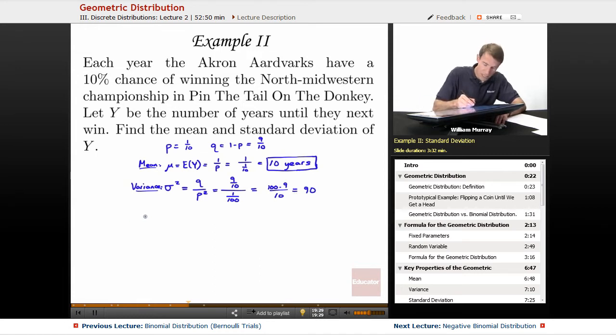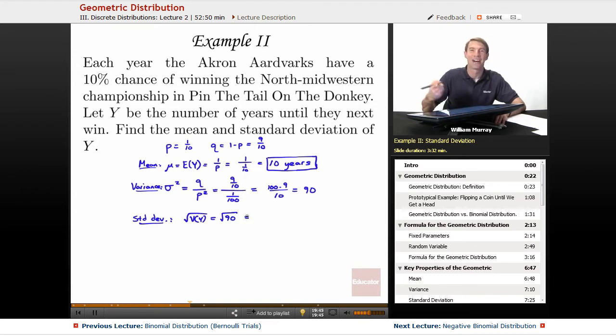Now, the standard deviation, once you've found the variance, is very easy. You just take the square root of the variance. So the square root of 90, I can simplify that a little bit. I can pull the 9 out of the square root where it will turn into a 3. So I get 3 square root of 10.